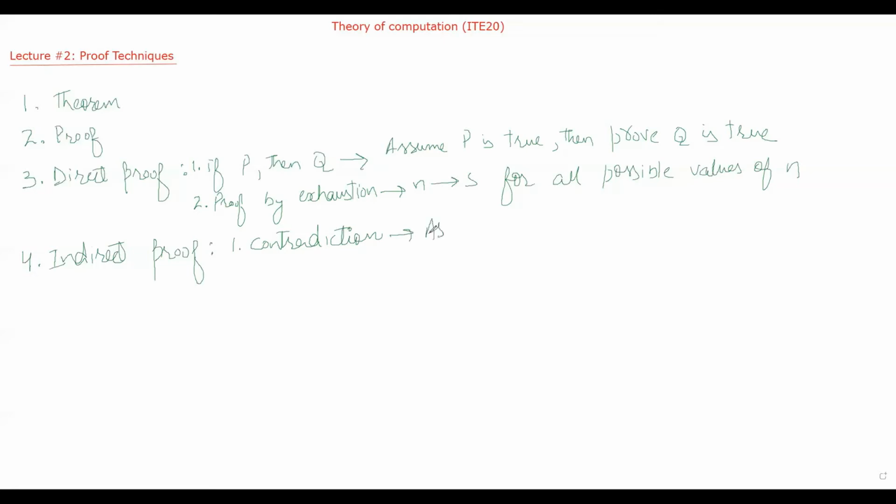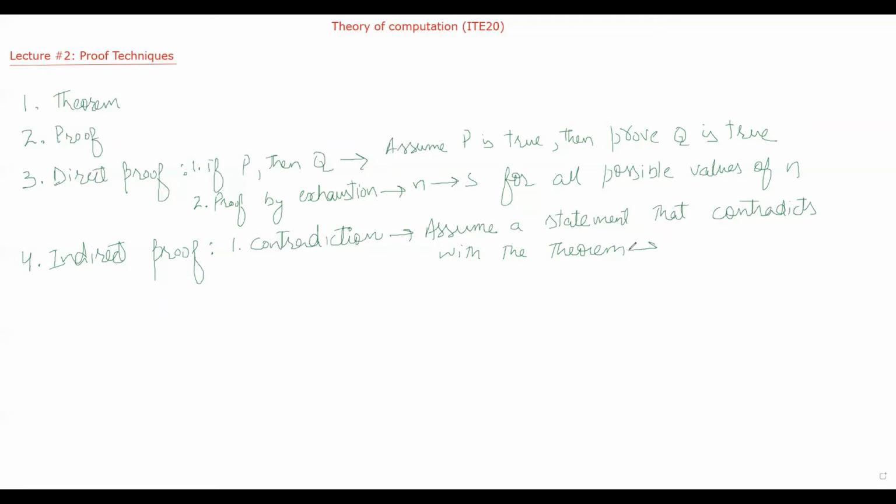We assume a statement that contradicts the theorem, something directly opposite to what the theorem is saying.